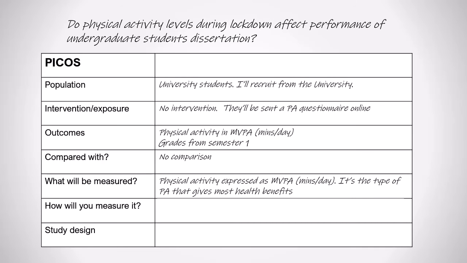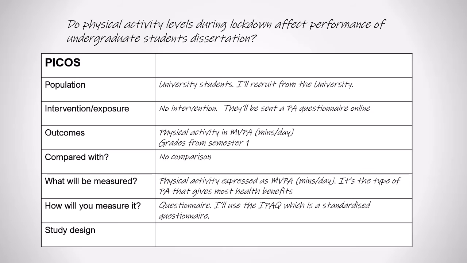Or why, if you used steps, please don't. But if you did, why did you use steps? So MVPA, as we call it, is a type of physical activity that gives the greatest health benefits. Always understand why you make certain choices.